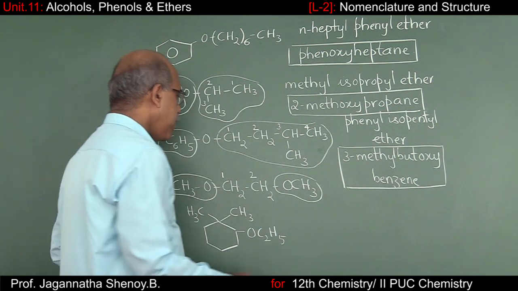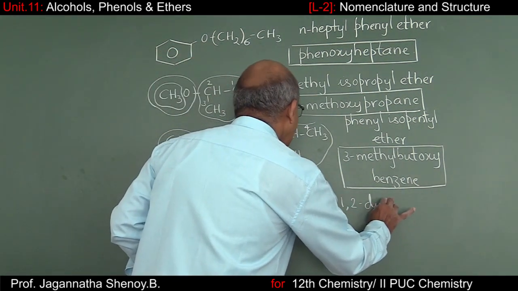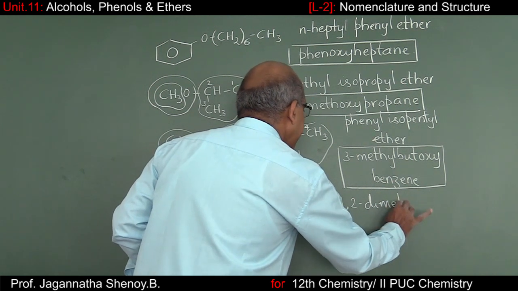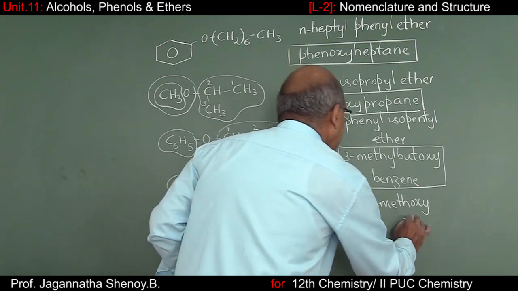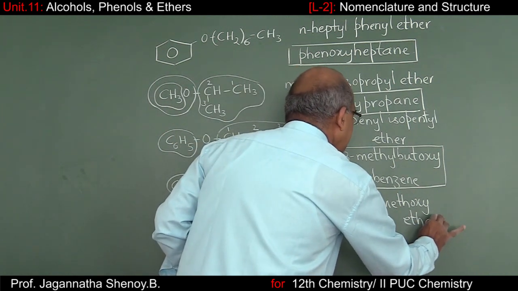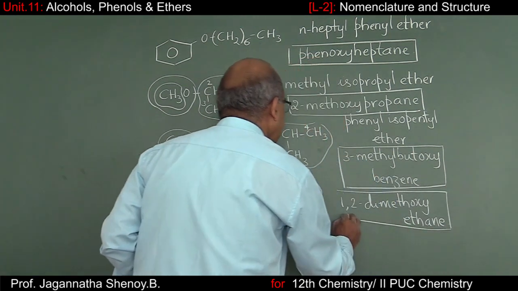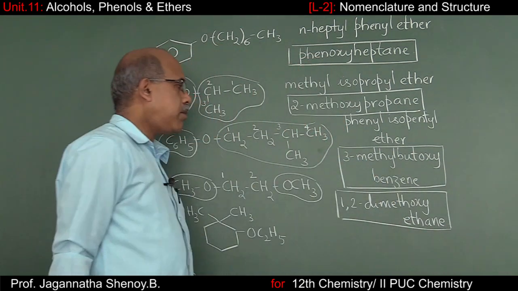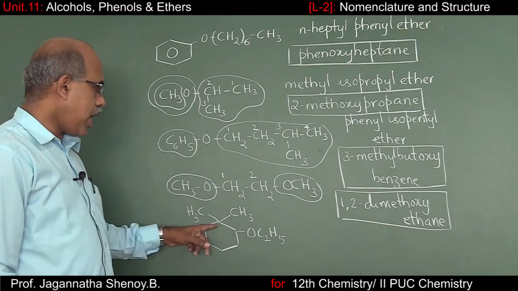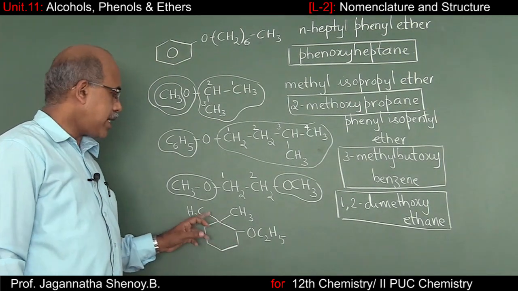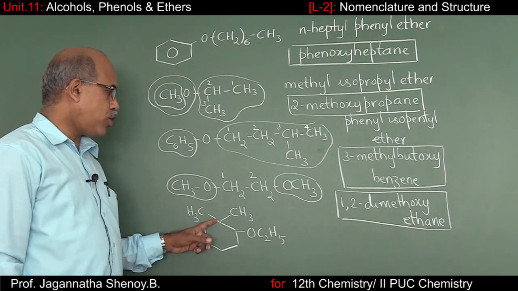The IUPAC name of this compound is 1,2-dimethoxy ethane.